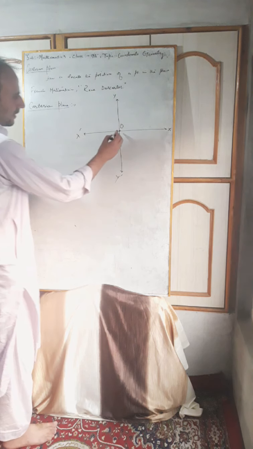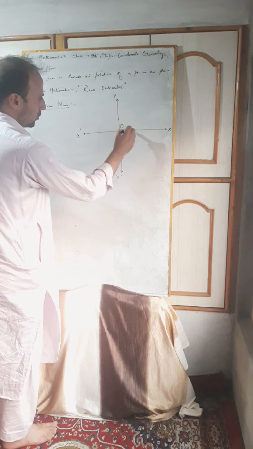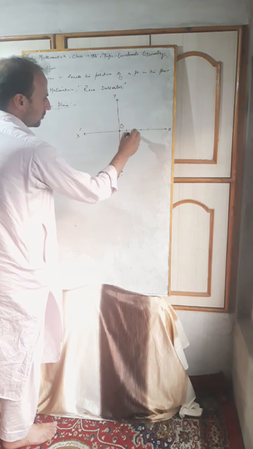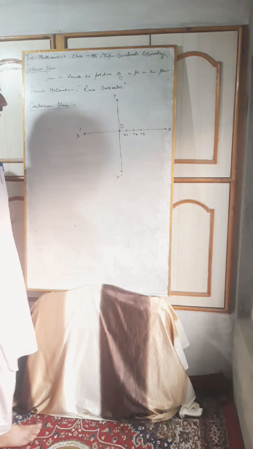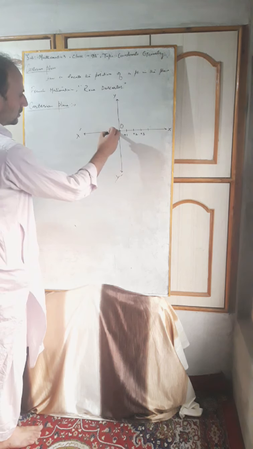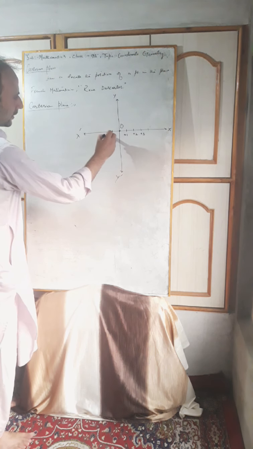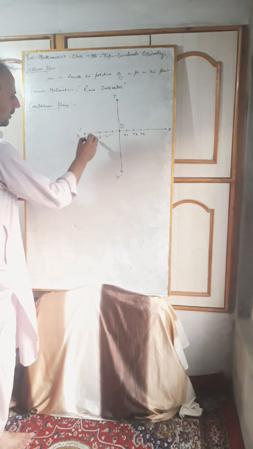On the right of the origin O, we take the positive integers of some unit length, plus 1, plus 2, plus 3, and so on. And on the left of the origin, we consider the negative integers, minus 1, minus 2, minus 3, and so on and so forth.